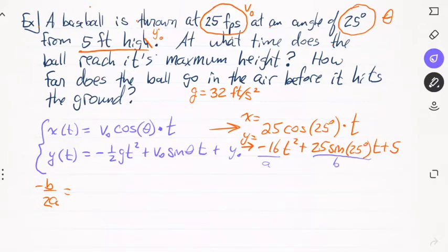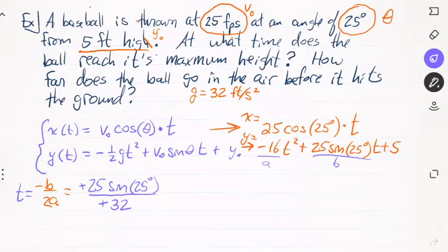So this is going to be negative 25 sine of 25 degrees divided by 2 times negative 16, which brings us back to that 32, so negative 32. Then obviously negative over negative is going to make it a positive, so I would take care of that first, because this is supposed to be time, and time can't be negative.